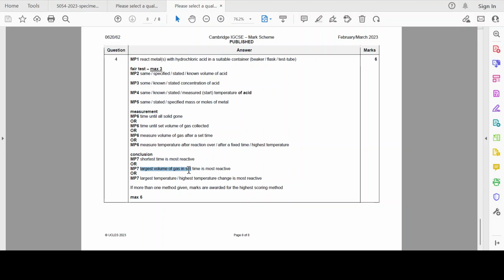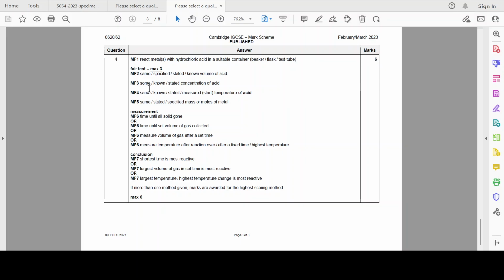Largest volume of gas in set time is most reactive. And you're going to get marks for reacting metals with hydrochloric acid in a suitable container: beaker, flask, test tube. So given all of this, I think we're getting 5 out of 6.